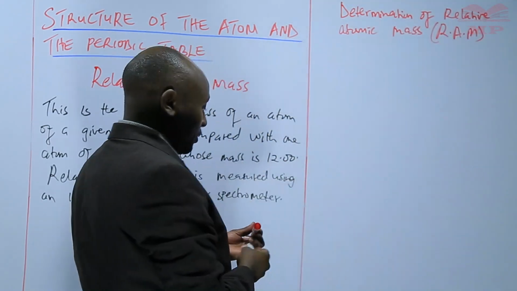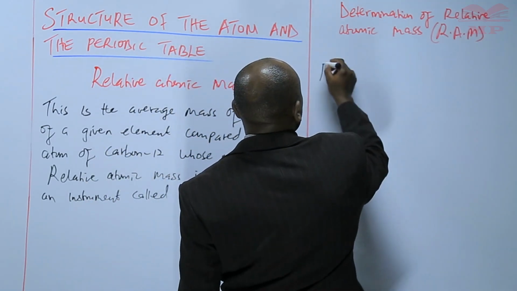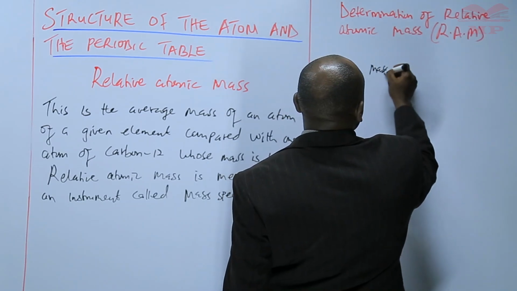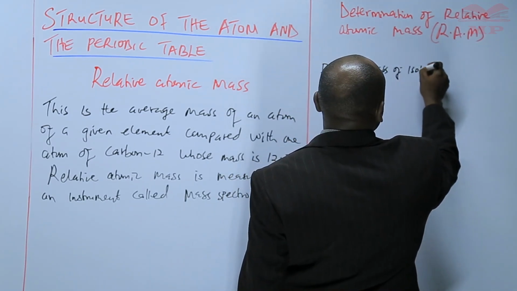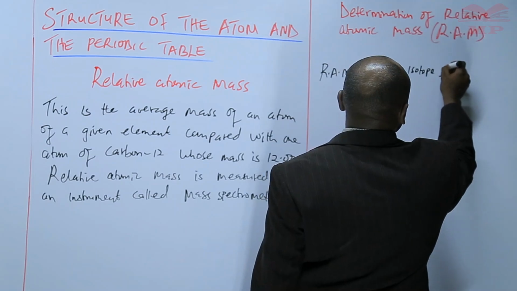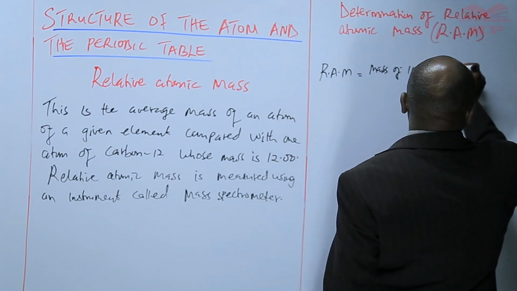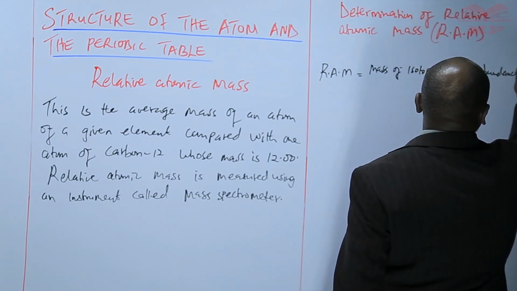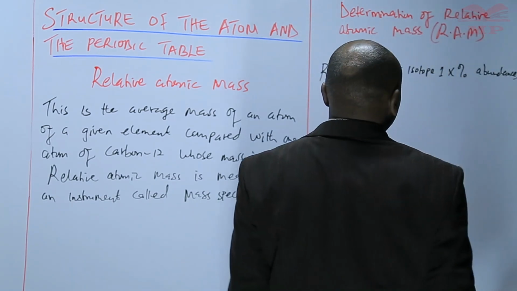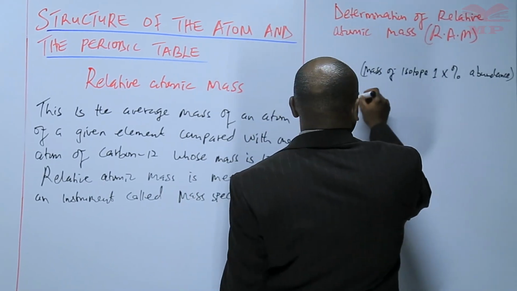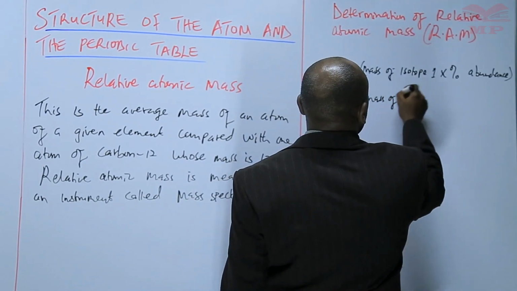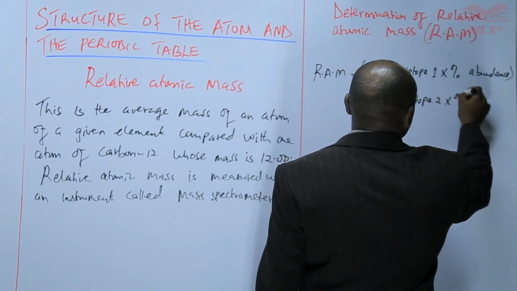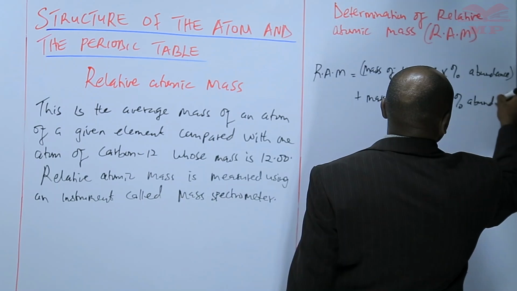So the formula for calculating RAM is equal to the mass of isotope 1 times its percentage abundance plus the mass of isotope 2 times its percentage abundance.